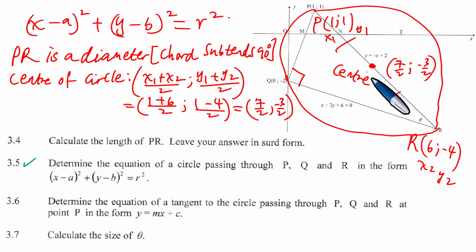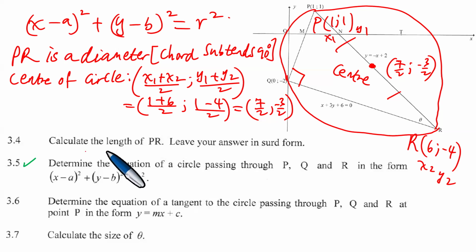If this is the center of the circle, we need to find the radius. We can find the distance between the center and the point R, or between the point P and the center. Or alternatively, you can just find PR, which is the easiest one. Did you find PR? Yes.